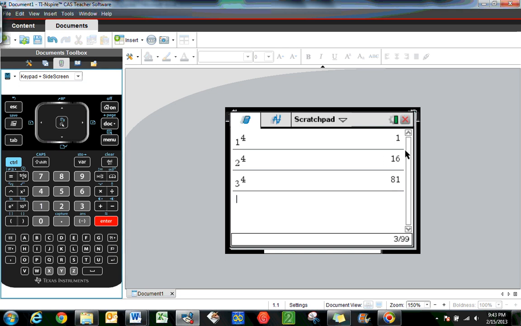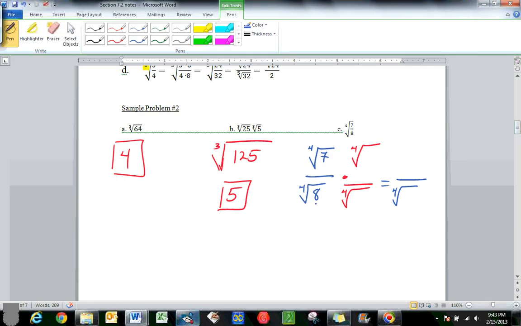But if I look here, 16, I know that that is a multiple of 8. And the only thing I have to do is multiply that by 2 to get to 16. And of course, if I multiply by the fourth root of 2 on the bottom, I have to do it in the numerator as well. So that's going to give me the fourth root of 14 on the top. And of course, you can check this.